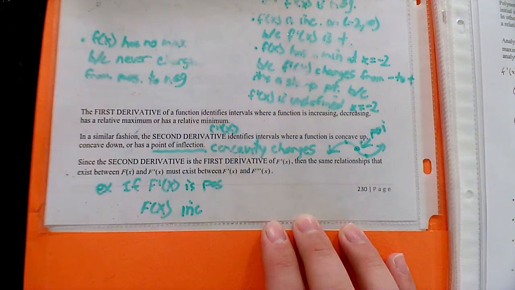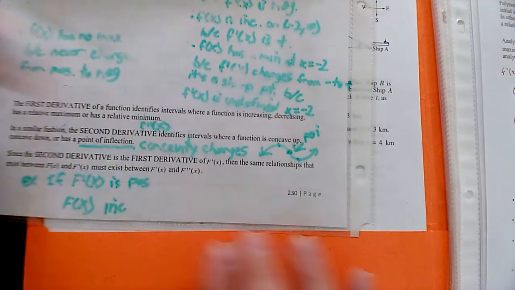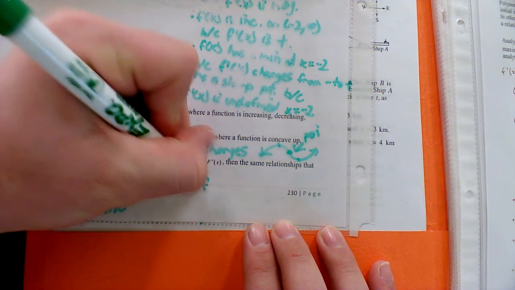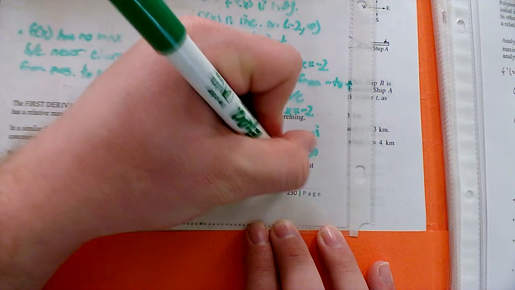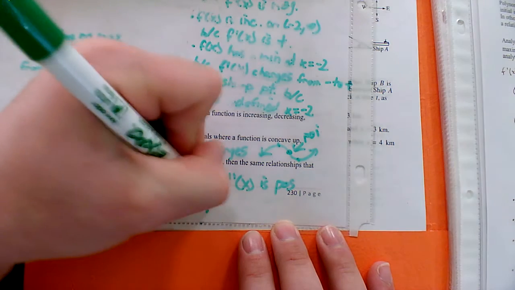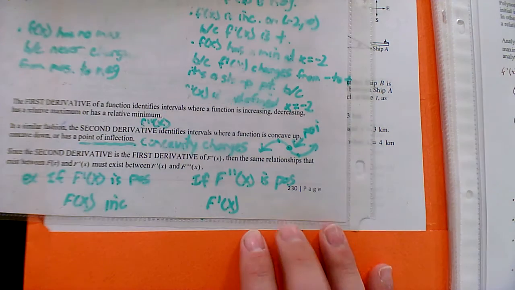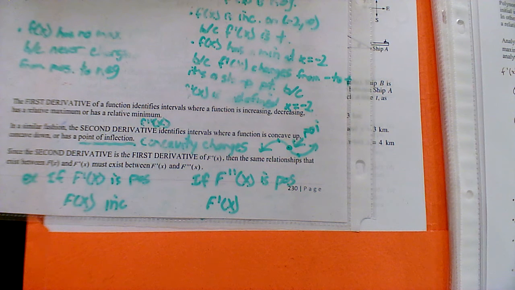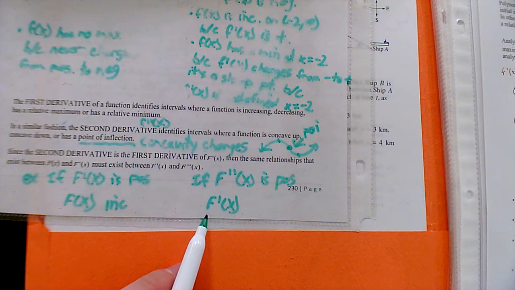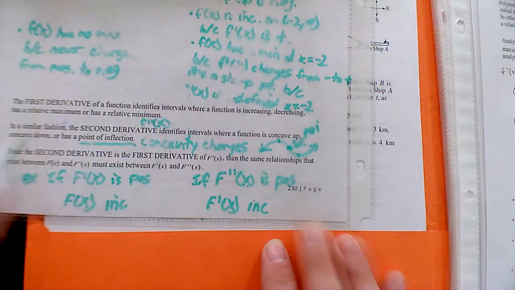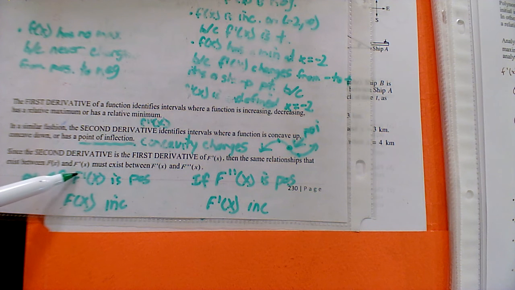Increasing. But if f prime prime of x is positive, f prime of x is what? If the second derivative is positive, what do we know about the first derivative? It's increasing. This is just telling us the relationship stays the same. The first derivative tells us about the original, and the second derivative tells us about the first derivative.